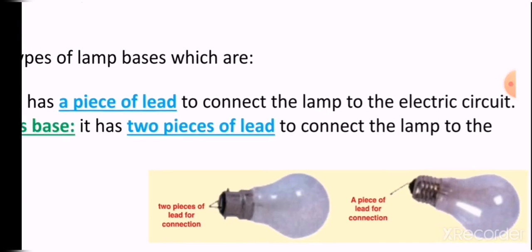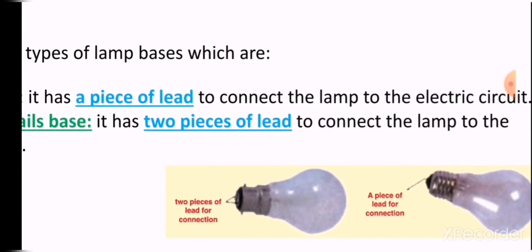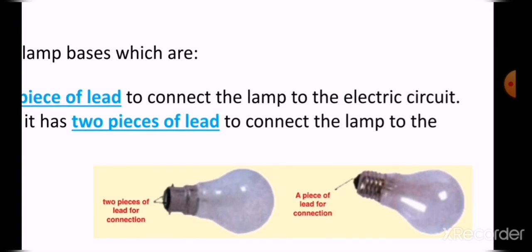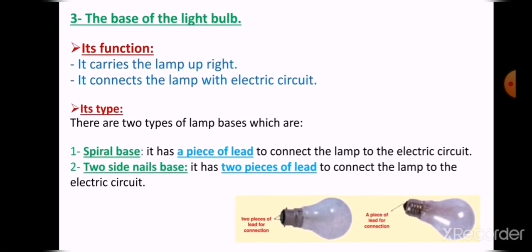The two side nails base has two side nails and two pieces of lead, so it is called the two side nails base, to connect the lamp to the electric circuit.